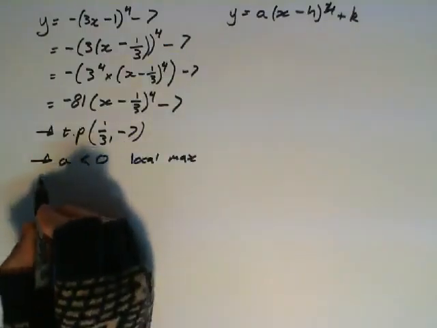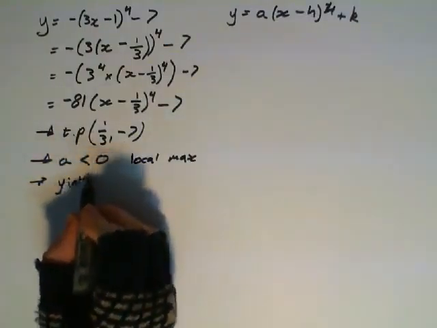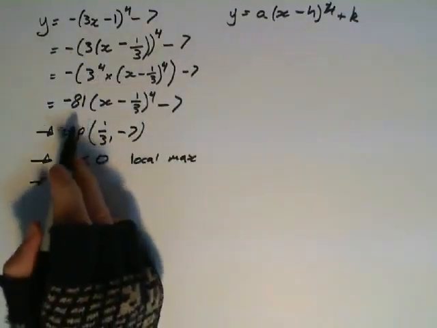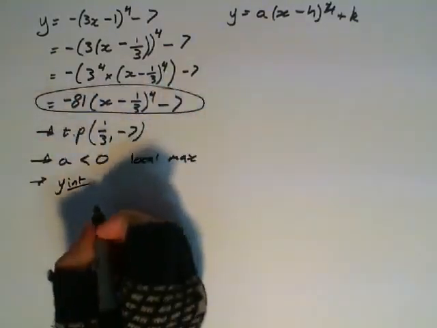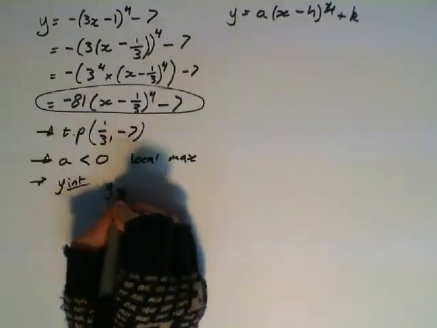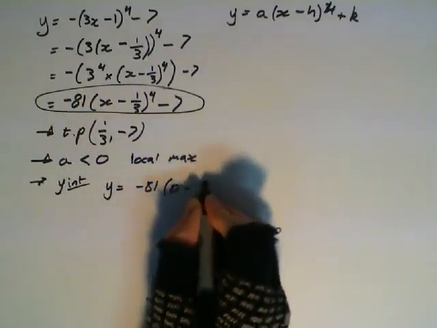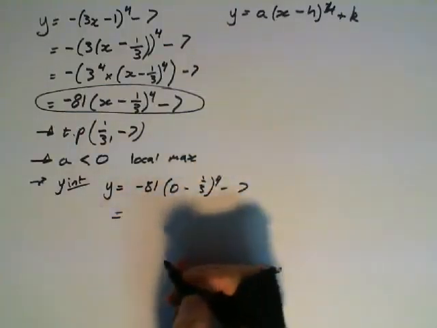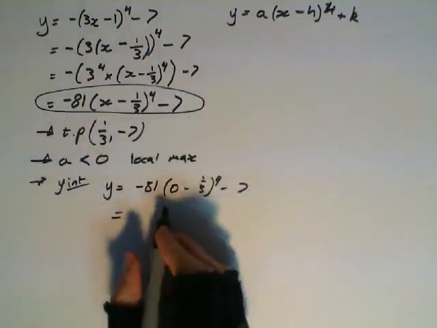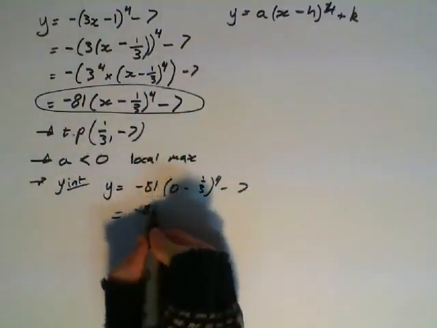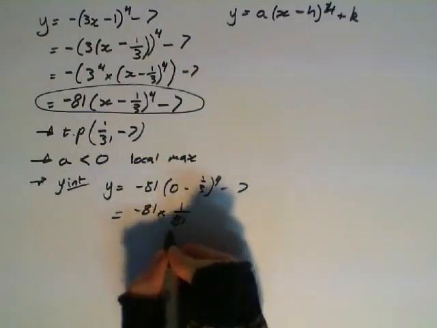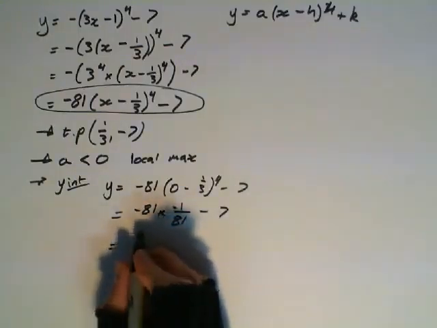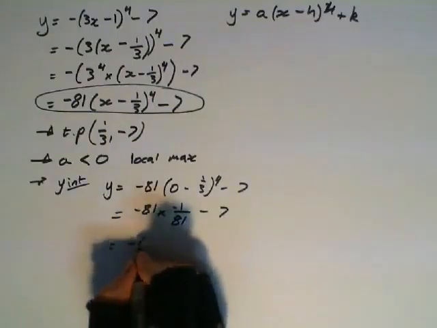And our y-intercept, again, is going to be simpler than finding x's, even though we have to do both. Yeah, that's the equation I'm looking at. We'll have y equals -81, 0 take 1/3 to the 4, take 7. 1/3 to the 4, so it'll be 3 to the 4, so it should be -81 times 1/81. Take 7, so that'll be +1 take 7, should give us -6.